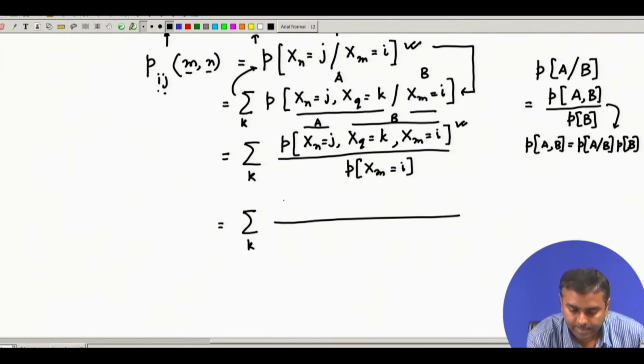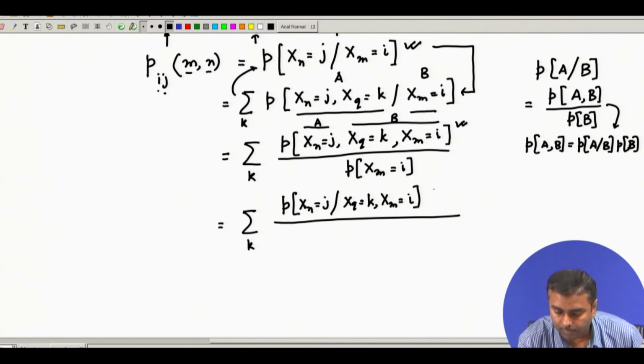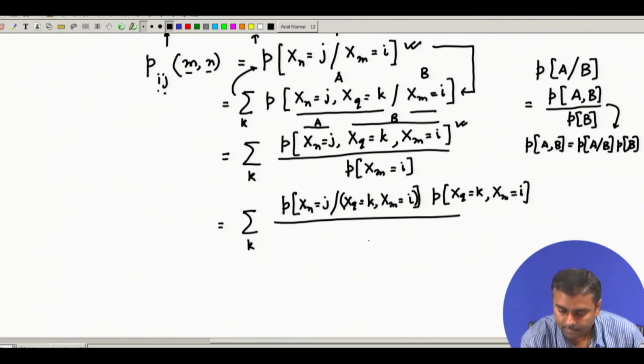So, A given B means the probability that x_n equals j, given both the events x_q equals k and x_m equals i, into the probability of x_q equals k and x_m equals i, divided by whatever is there.